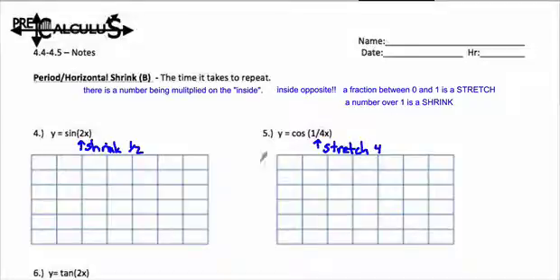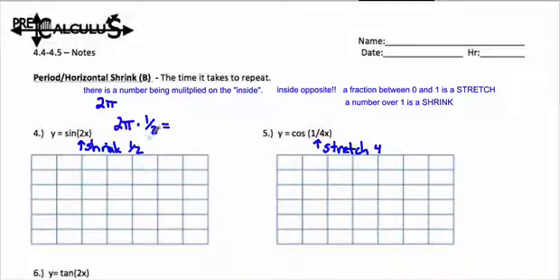So let's see how we're going to figure this out then. And there's actually a little formula that we can use. Since a period is 2 pi, so for all functions except for tan, 1 period is 2 pi. So let's just try this out, and then I will write the formula for you down here. So 1 period is 2 pi. That means I'm going to take for this one 2 pi and multiply it times 1/2.